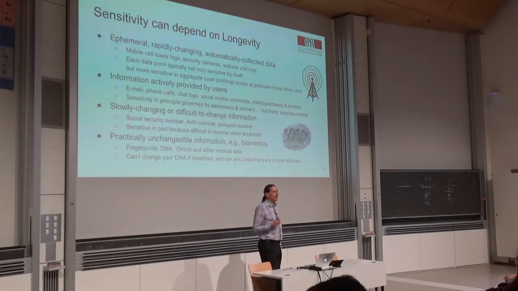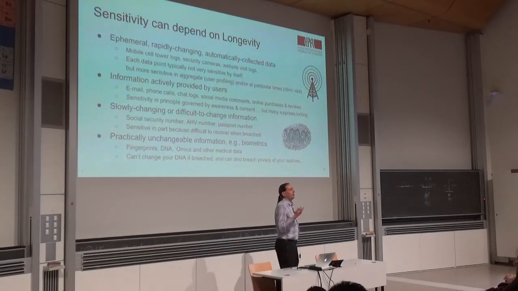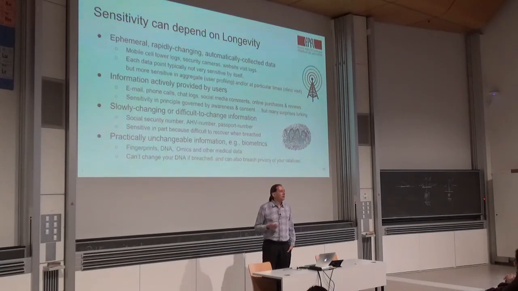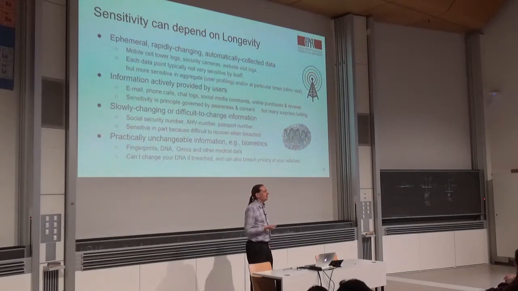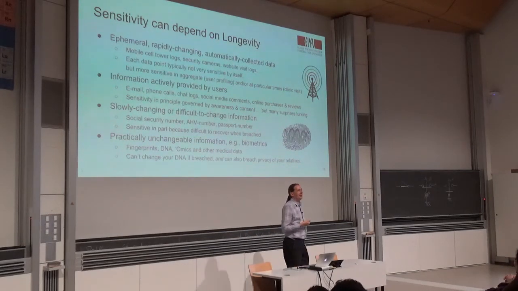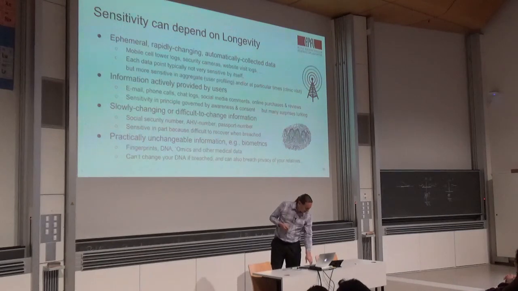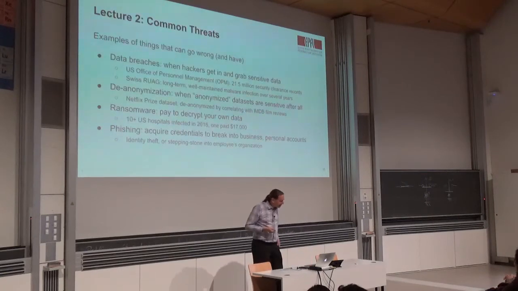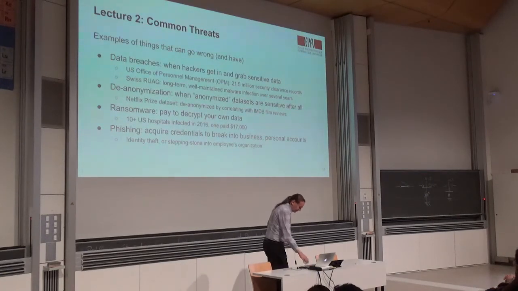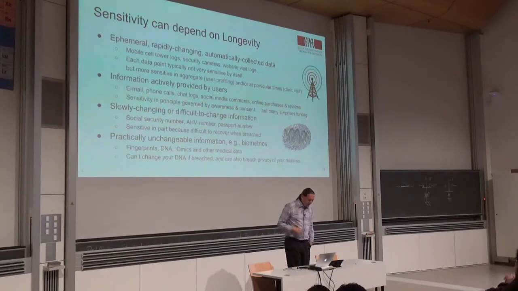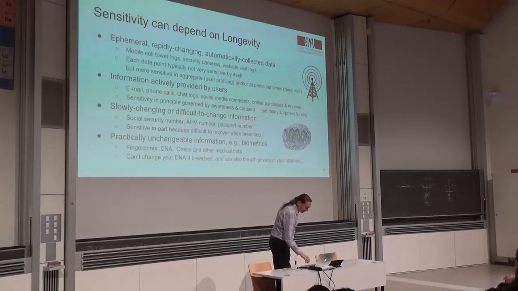If you want to change your fingerprint, you'd have to have access to some kind of Men in Black type, or what was the recent one? Anyway, serious spy gear that's probably painful as well, if it's anything like they say in the movies, right? So anyway, that's kind of the sensitivity of information.